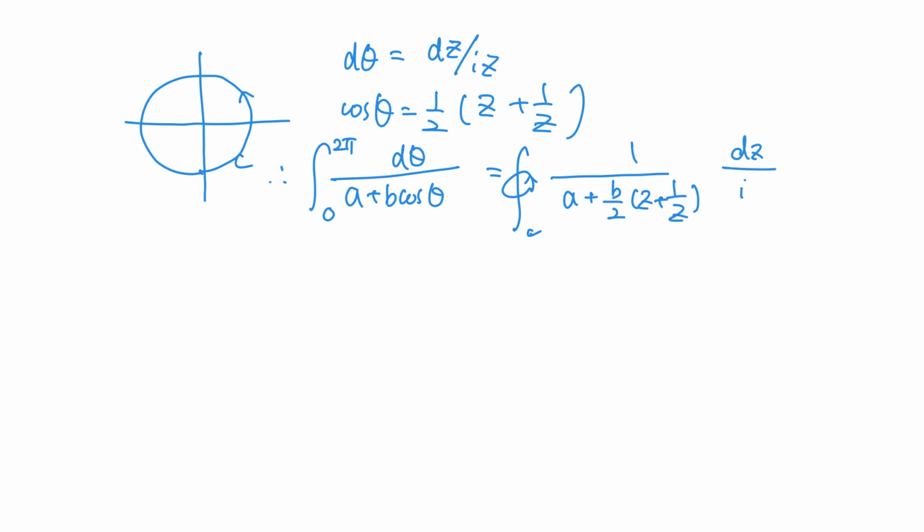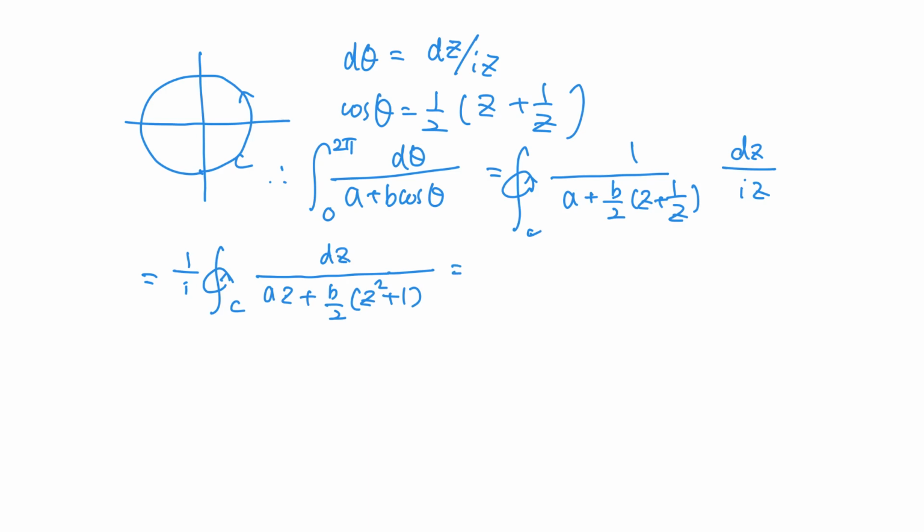So it becomes 1 over i times the integral of dz over az plus b over 2 z squared plus 1 over 2, right?